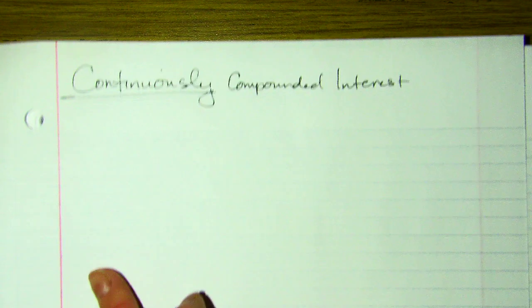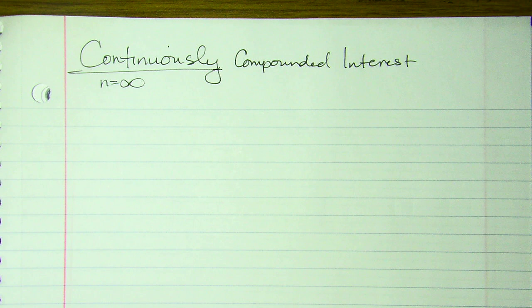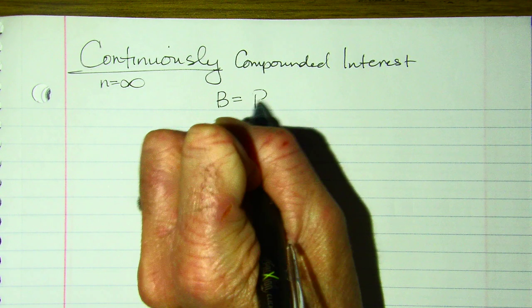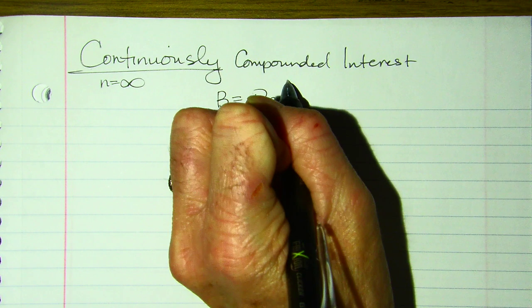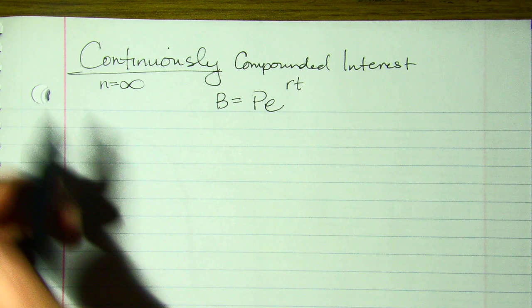And continuously means that n equals infinity because you're compounding it all the time. And so the formula for that is my balance equals my principal times e to the r times t. I don't remember what lesson this was from, if it was from 2.4 or 2.6, but it's from a prior lesson.